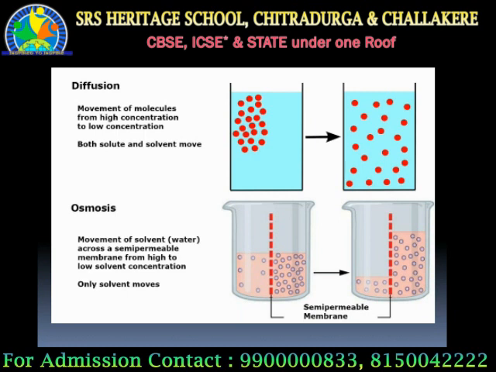Then coming to osmosis. Osmosis is a process in which molecules or substances move from a region of higher concentration to a region of lower concentration across a semi-permeable membrane, that is, across the plasma membrane.